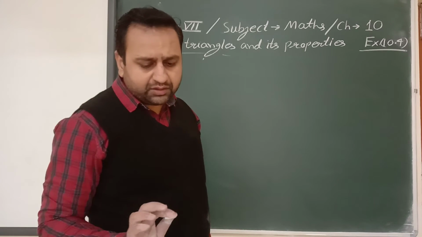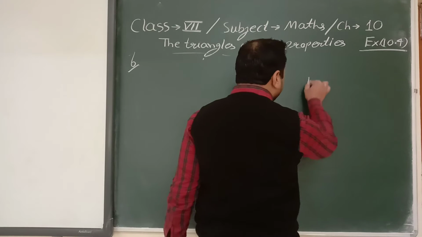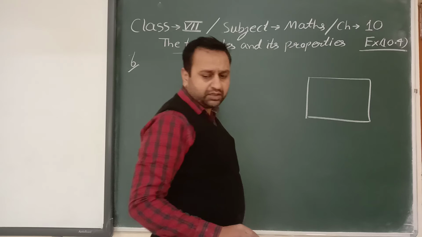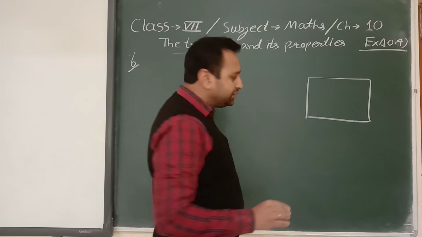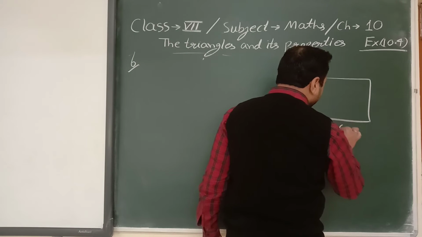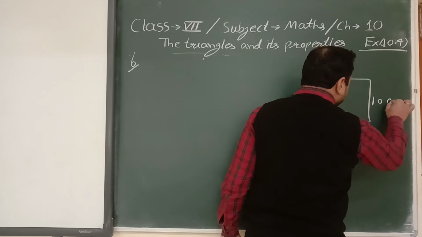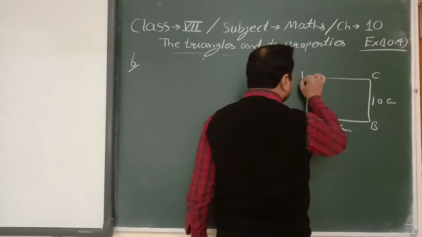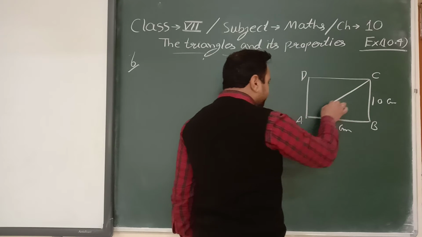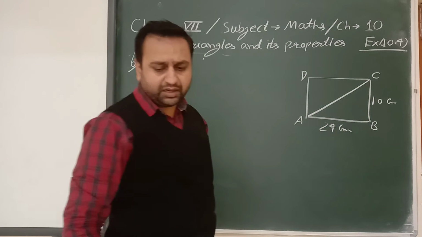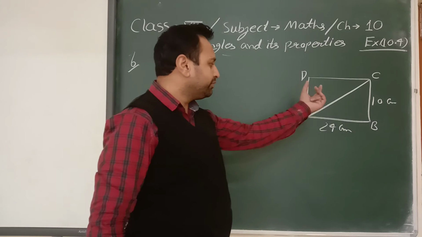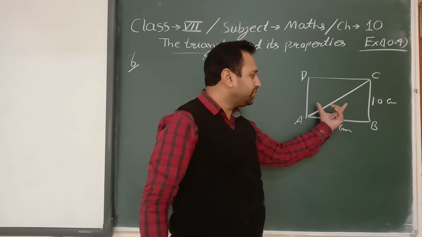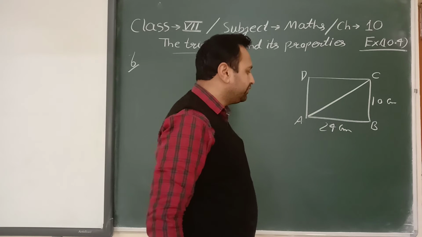अब उसमें आपको लेंथ तो ब्रेथ गिवन है. सो क्वेश्चन में ड्रॉ अ फिगर ऑफ अ रेक्टेंगल whose length is 24 centimeter and the breadth is 10 centimeter and just name A, B, C, D, and the size of the TV is identified by the length of the diagonal. तो अगर ये TV का साइज बताना है, then we have to calculate length of the diagonal and which is represent the size of the TV.